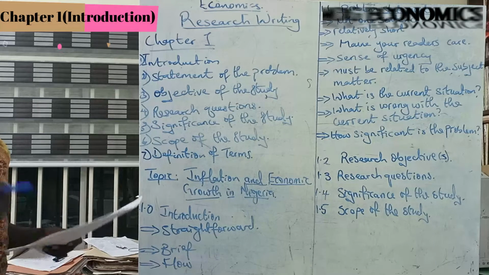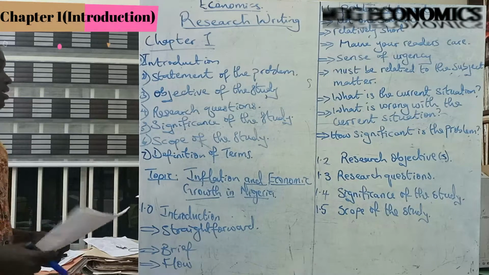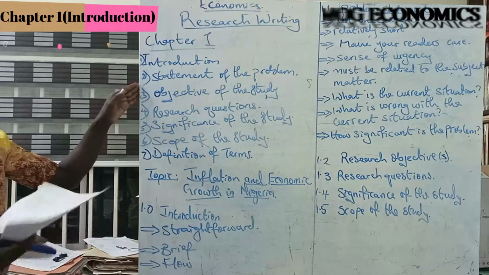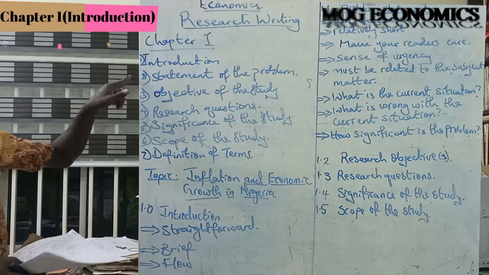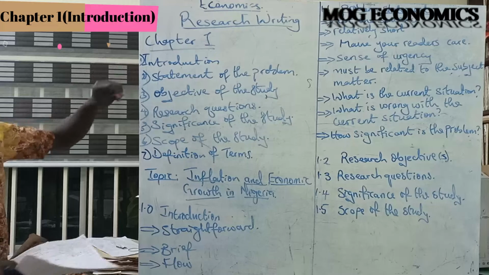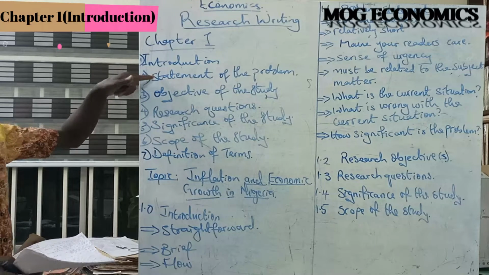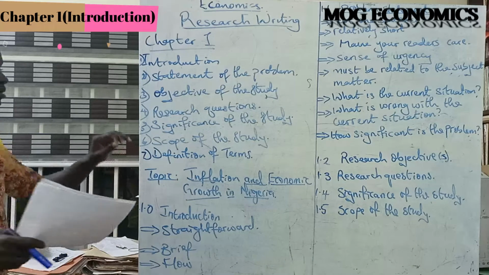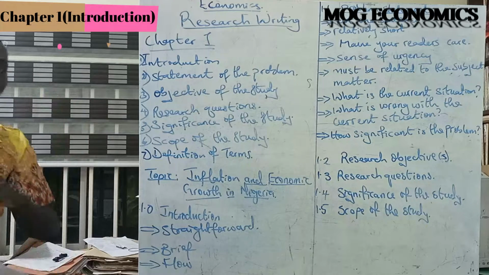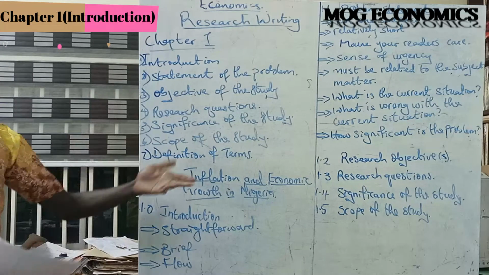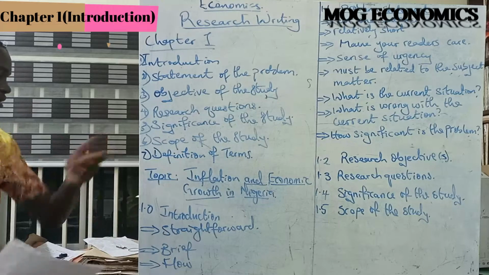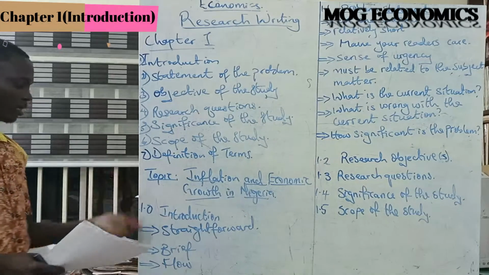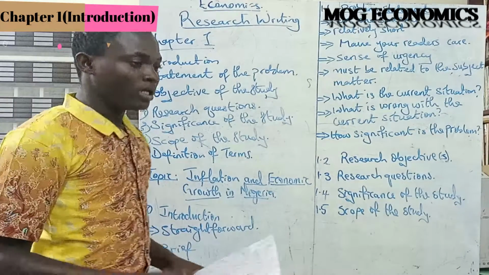So if you are talking about something else under statement of the problem, which is 1.1, that is going to require another heading. So that would be 1.1.1. That's how you continue, and when you enter chapter 2 and so on. So 1.0 is the introductory aspect.